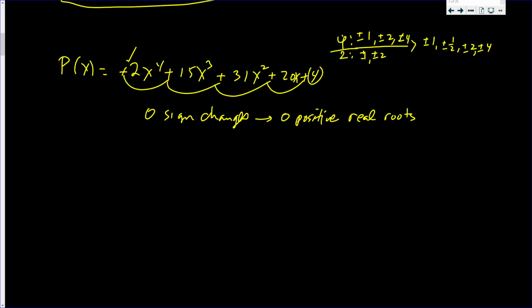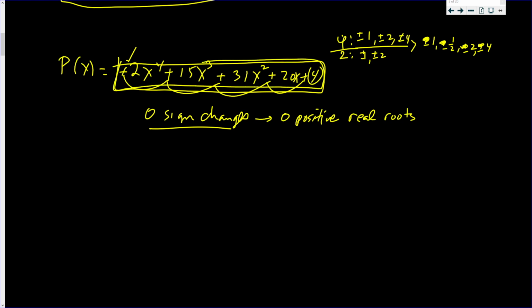Okay, I think I got all of them. But after very, very quick inspection, I noticed the 0 sign changes. That means I won't bother checking half of them. That's really powerful. If this is an exam, oh, no sign changes. Let's rule out 0 and a half and 2 and 4.